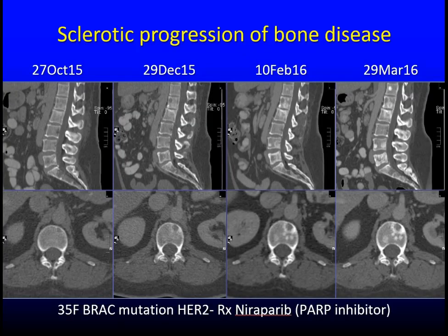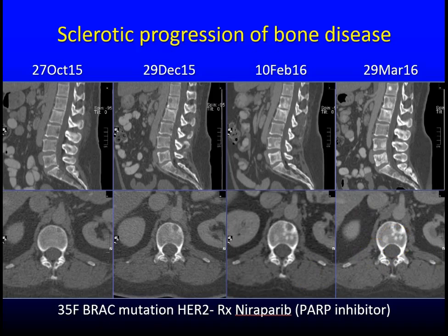So here is an example of a patient being treated with a PARP inhibitor, and you can see a very nice example of what is commonly described as sclerotic progression. So we can see that there are new areas of ground glass, ill-defined calcification within the bone marrow, and the lesions are in fact getting larger.